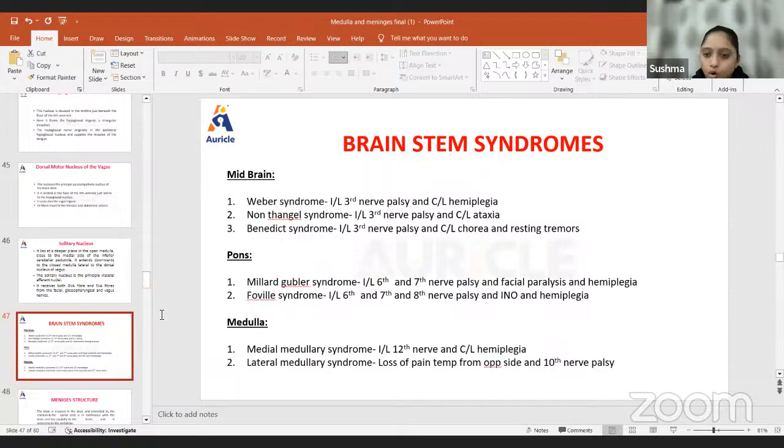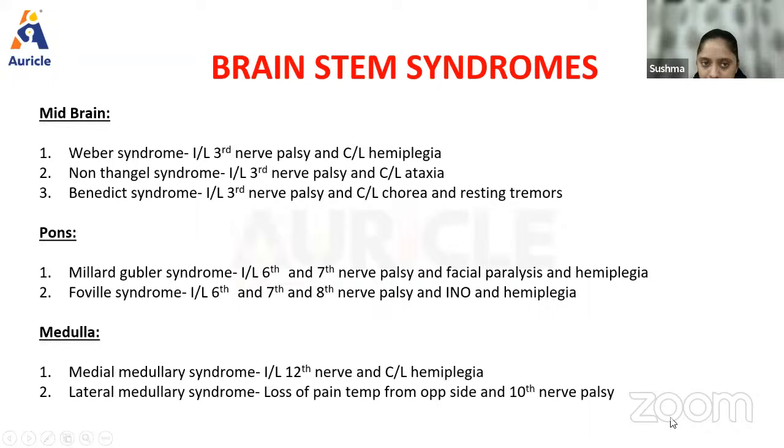But the whole point of studying brainstem is to understand this one particular slide. If you have understood brainstem well, you will understand this slide easily without having any difficulty. If you've understood brainstem syndromes, half of your neuroanatomy is done, even in your final year as well as in your entrance examination.